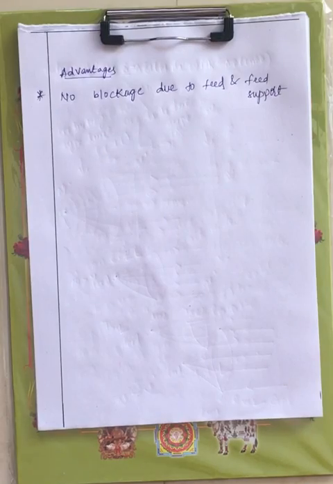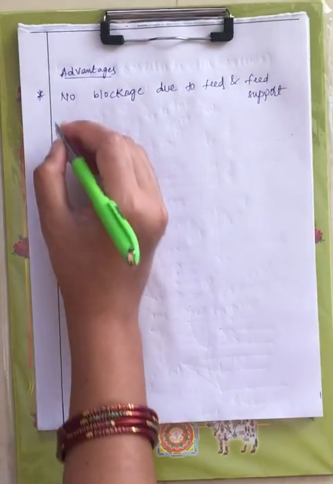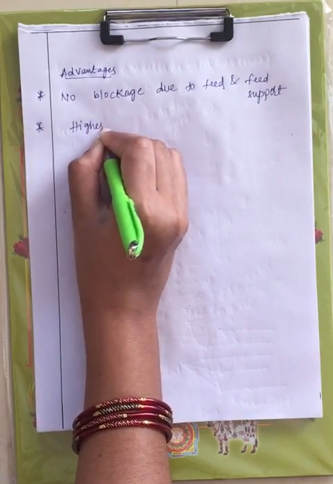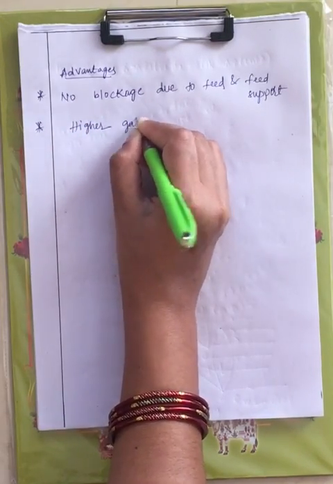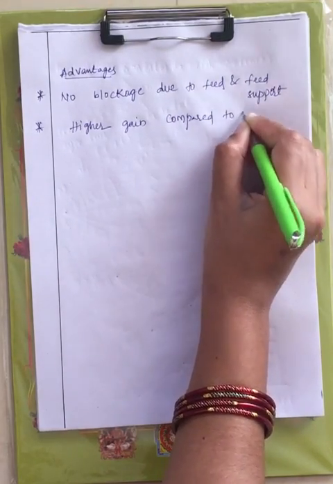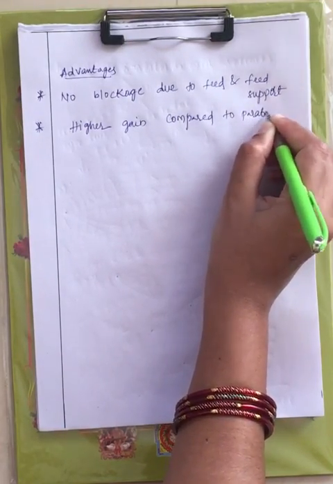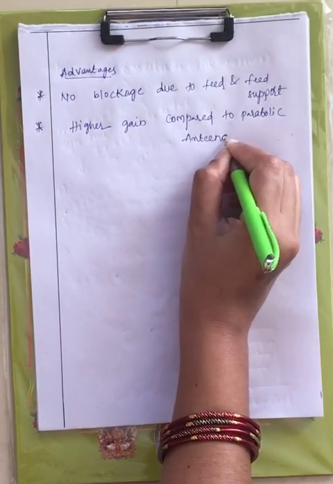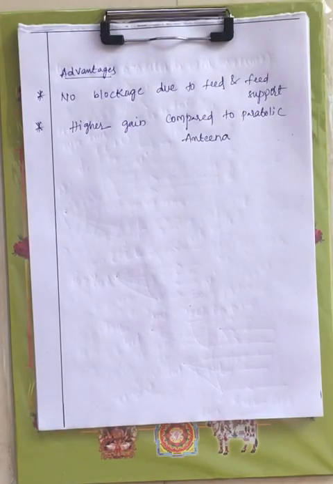Now coming to the next advantage, higher gain. It has higher gain compared to parabolic antenna. Parabolic we will see in the next lecture, right?